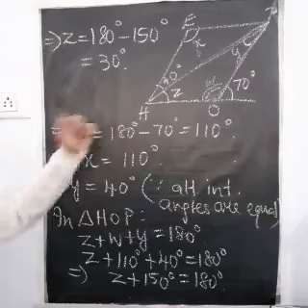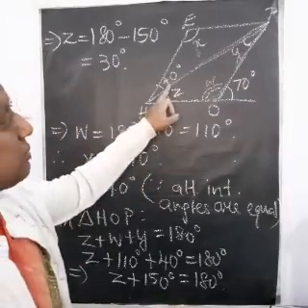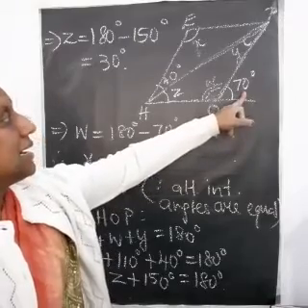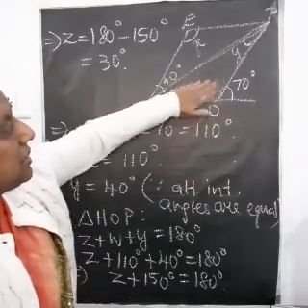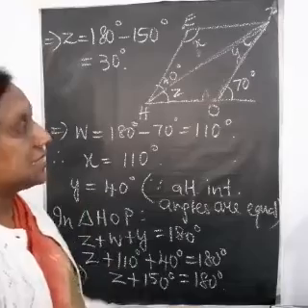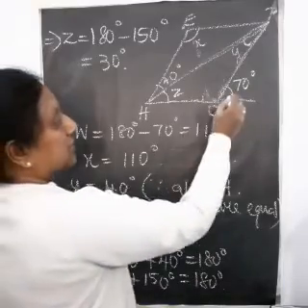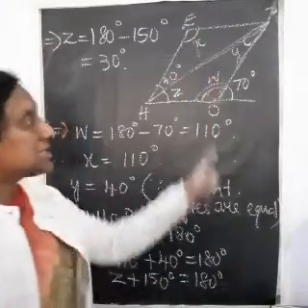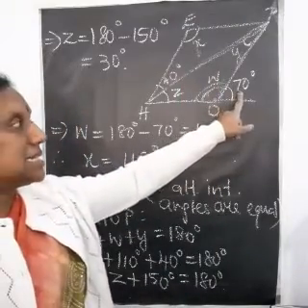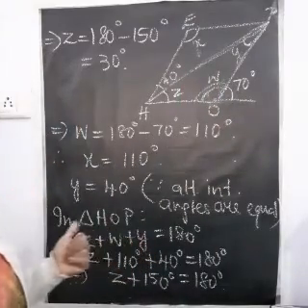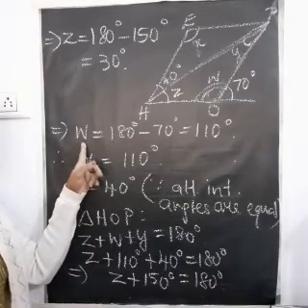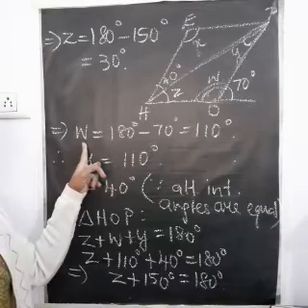Now in this sum, let me recap. They had given this to be 40 degrees and the exterior angle to be 70 degrees. And they have asked you to find X, Y and Z. Okay. Now here I mark this angle as W. Now this W and 70 are linear pairs. So using that property, I found the value of W. How did I find the value of W?